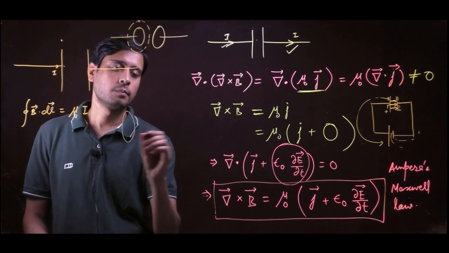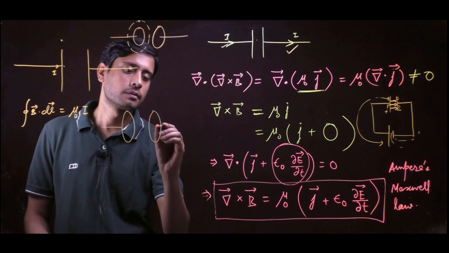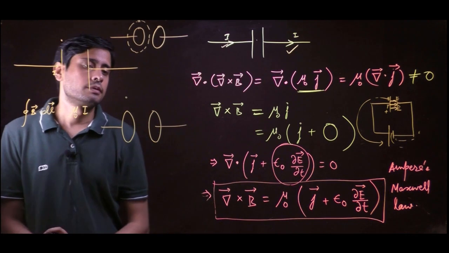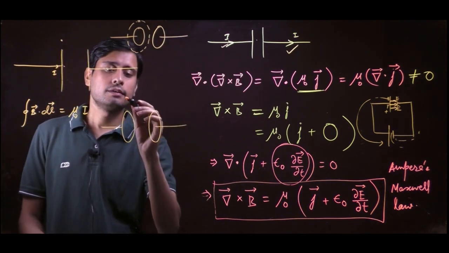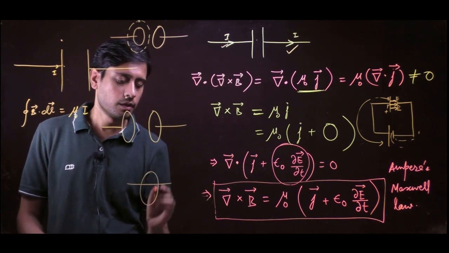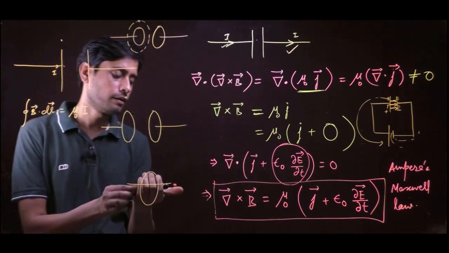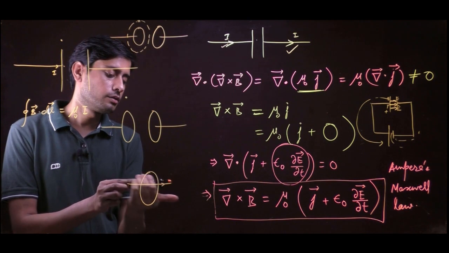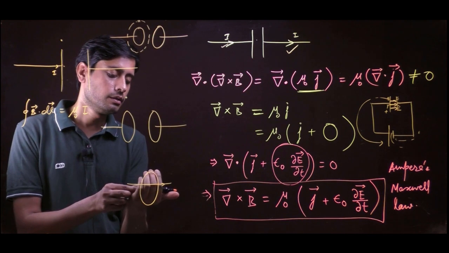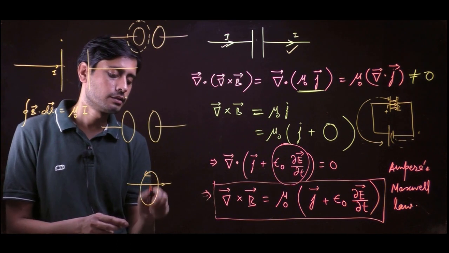You have a plate here and another plate here, and you are finding the magnetic field at this point. The magnetic field around a wire is like a loop. Suppose this is the current, so you calculate it by the right hand rule. Hold the wire so that the thumb is directed in the direction of current.